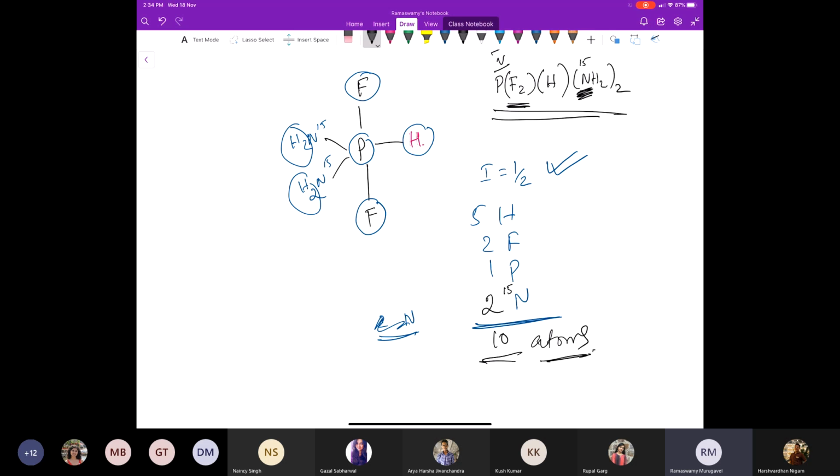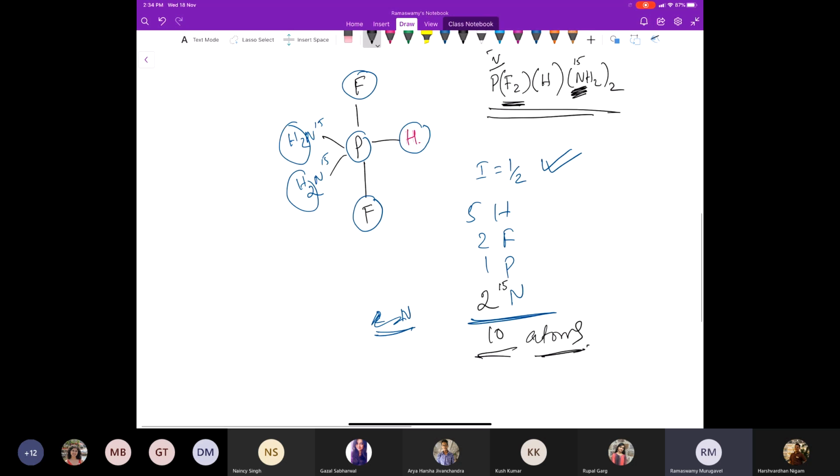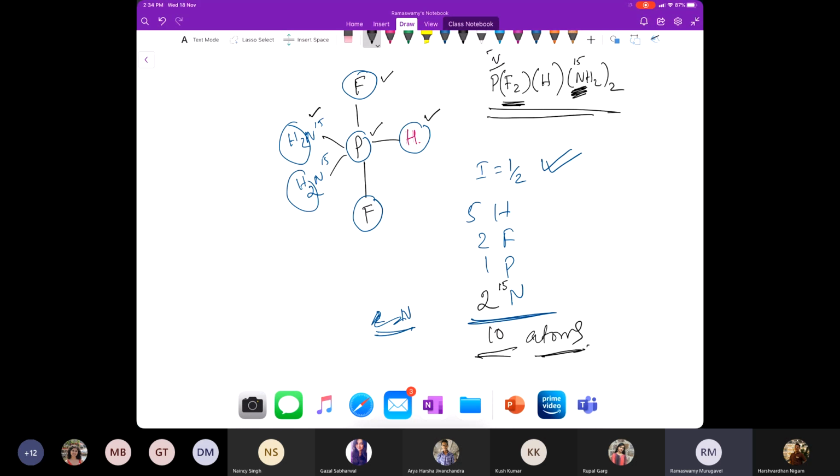One thing is very clear: I can record any of these spectra. I can either study the phosphorus spectrum, or the proton NMR spectrum, or the fluorine spectrum, or I can do a nitrogen spectrum. Now I'm just going to go straight away and show how the spectrum looks, and then explain it.